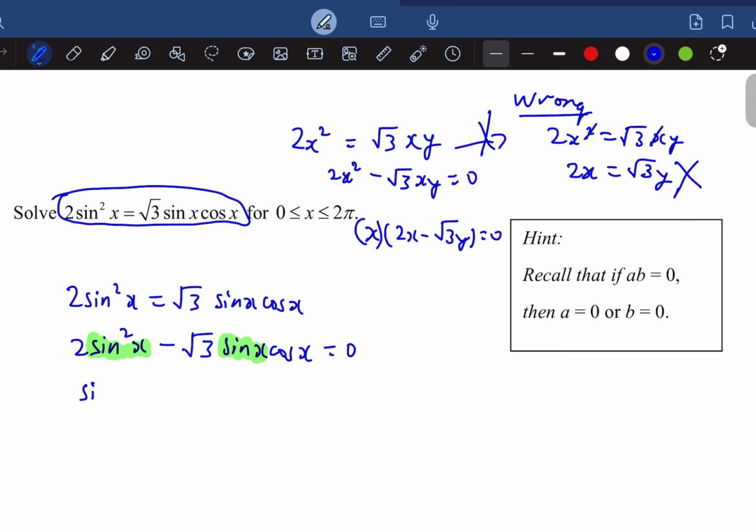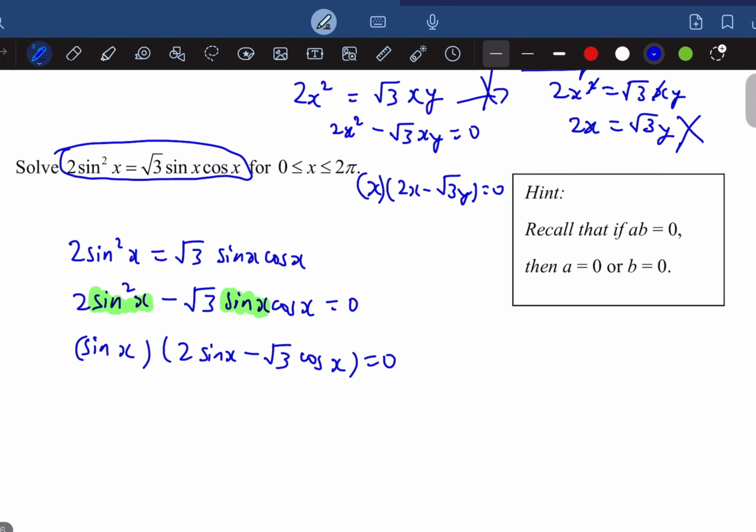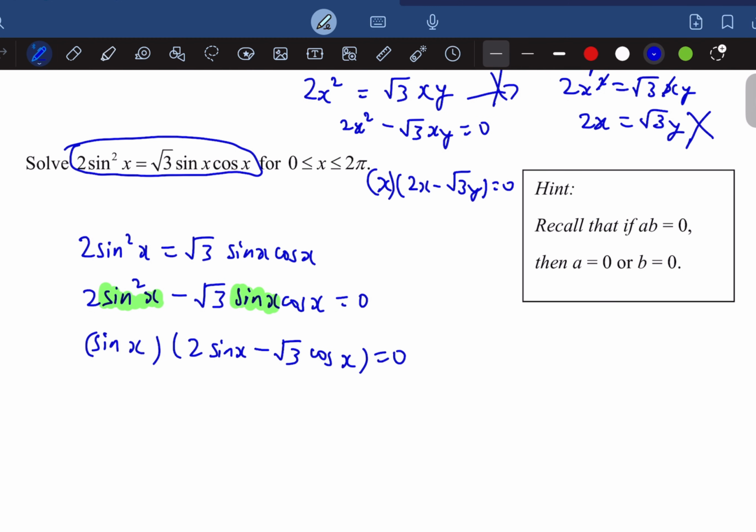So I have sine x times 2 sine x minus square root 3 cosine x equals to 0. This is like solving a quadratic equation, whereby we now have 2 brackets. Each of the brackets will be equals to 0. Then from there, we'll be applying the knowledge that I've shown you in the previous examples of our Trigo equation solving, with something new to introduce in a while. So sine x equals to 0, or 2 sine x minus square root 3 cosine x equals to 0.